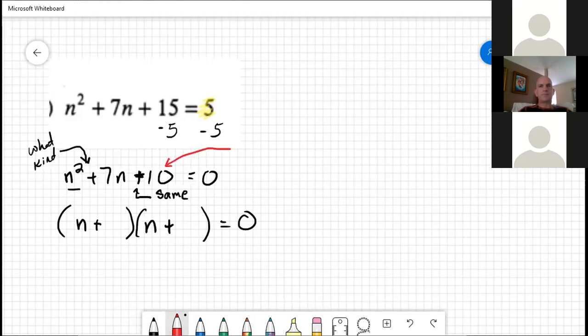So this 10 is going to tell us something about these last numbers in here, right? So what is it telling us? The factors? Okay, so we're looking for the factors of 10 that do what? Get us to 7. Yeah, that will add up, right? This sign not only tells us that they're the same, but that we're adding to get to that 7. So we're looking for the factors of 10 that add to 7.